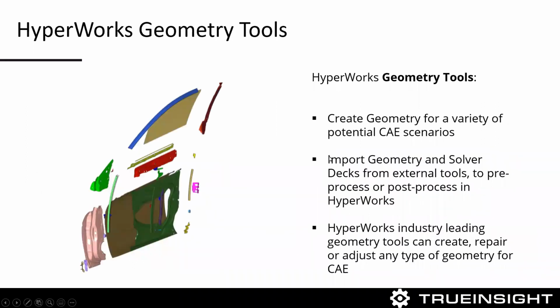So let's talk about some common workflow things. One of the things that's really powerful about HyperWorks is its meshing and pre-processing capabilities. Many of our customers are dealing with very large systems, things that are difficult to mesh, so there are a lot of different applications for the geometry tools. The first thing is you can actually create geometry within our tools.